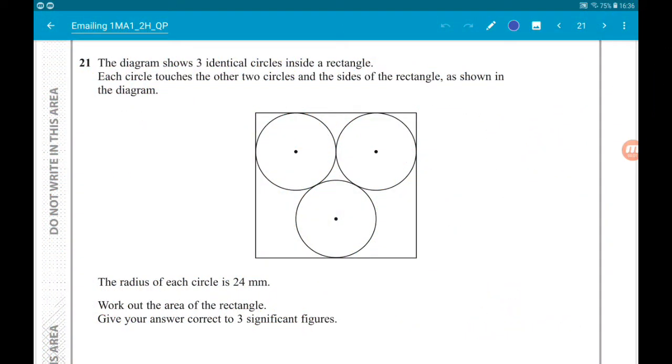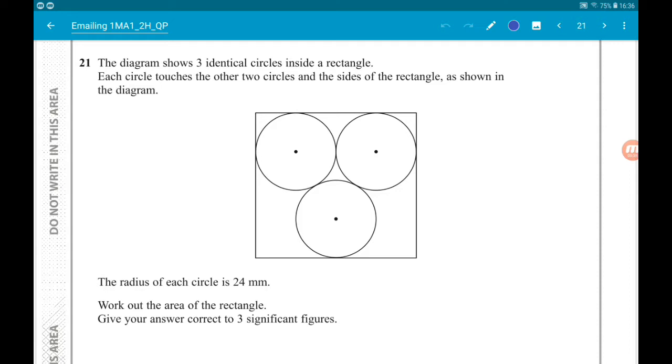Okay, number 21, probably a bit of a nightmare. So the diagram shows 3 identical circles inside of a rectangle. Each circle touches the other 2 circles and the rectangle as shown in the diagram. So, one thing to note is that the diagram is symmetrical.